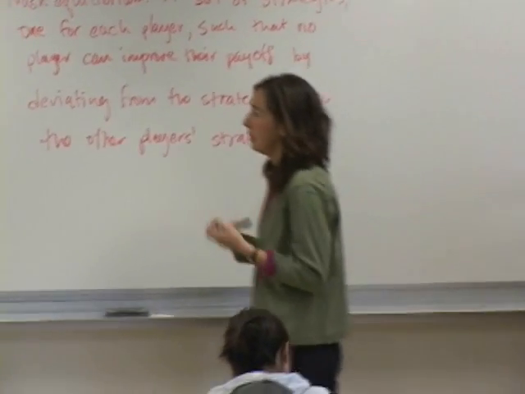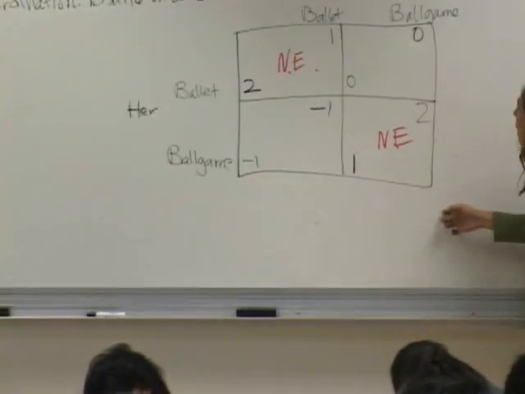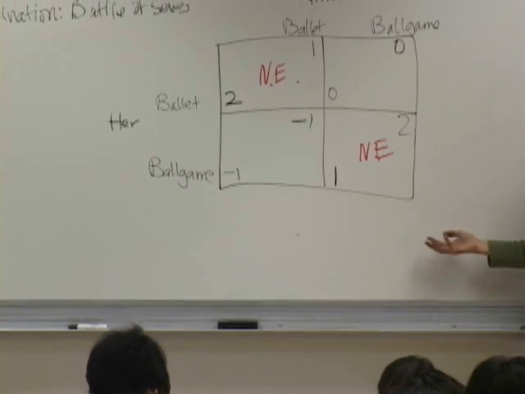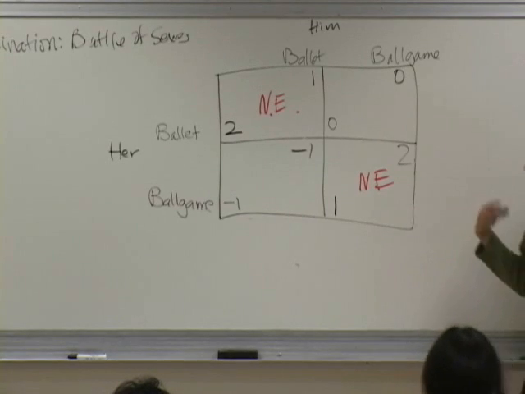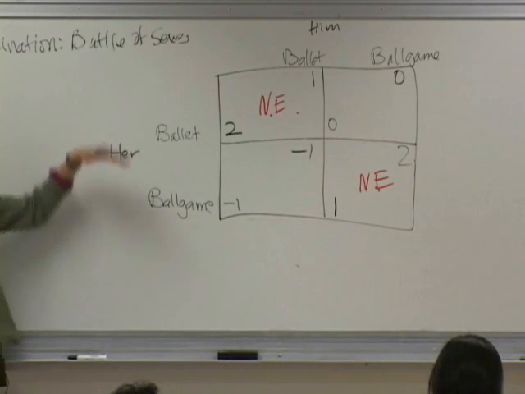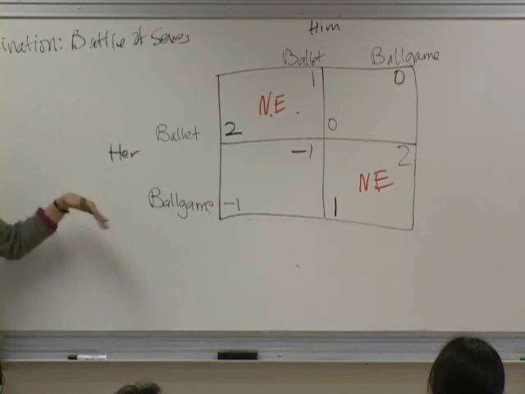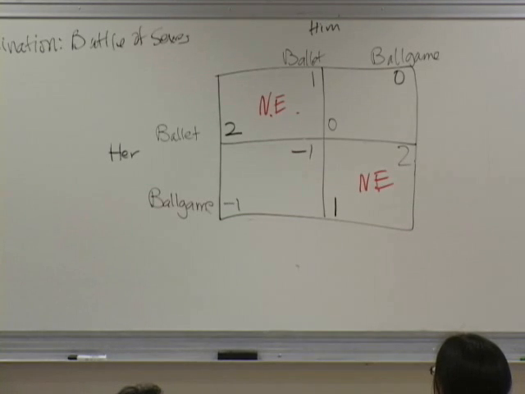So one of the most common applications of this Battle of the Sexes logic is primary season, where we're at right now, choosing a presidential nominee. If this is the Democrats, Clinton versus Obama, some people prefer Clinton, some people prefer Obama, but Democrats in general would prefer that we would all coordinate sooner rather than later.